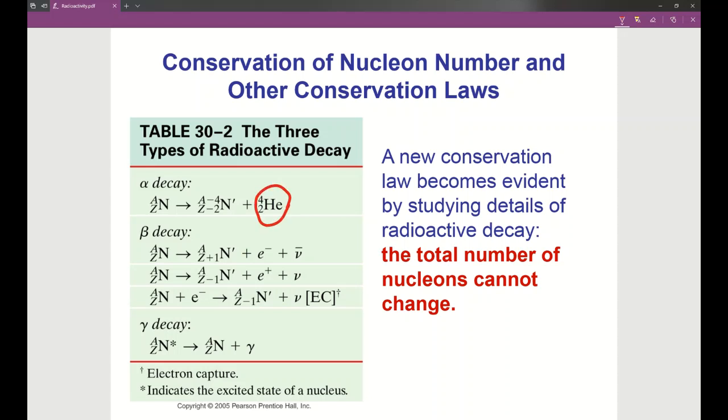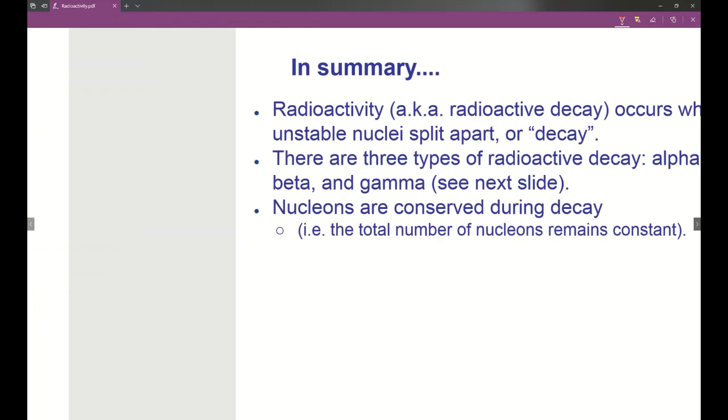And in beta decay, you'll notice that the atomic weight stays the same from here to here. The electron we don't really count in this term because it isn't a nucleon, and the neutrino isn't a nucleon. And in gamma decay, of course, everything stays the same because neither the atomic weight nor the mass changes. Sorry, the atomic number nor the mass changes.